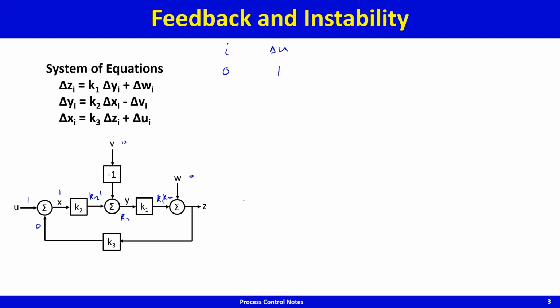So z will go after one iteration to k1 k2, and this signal will go to k1 k2 k3.